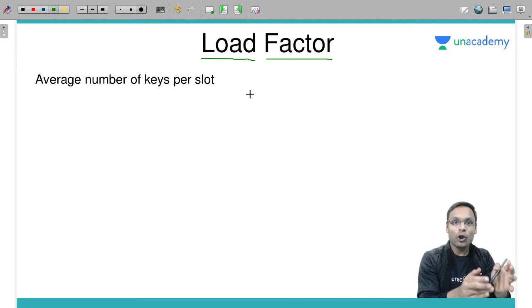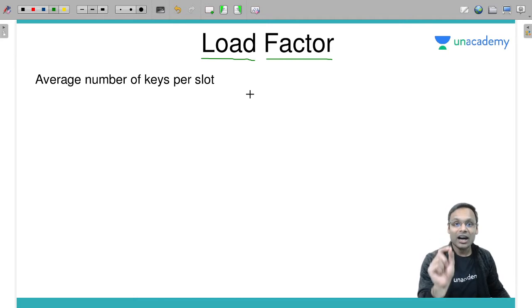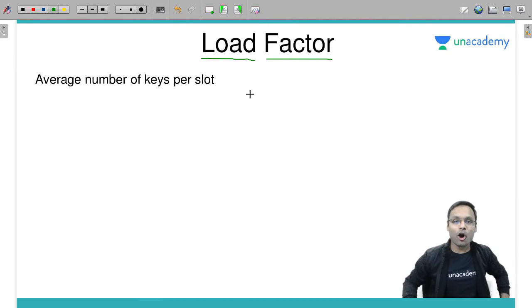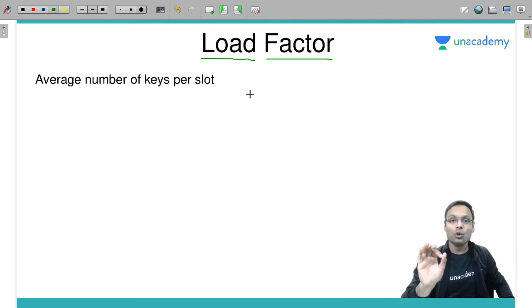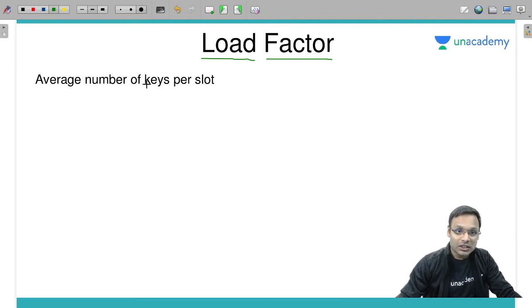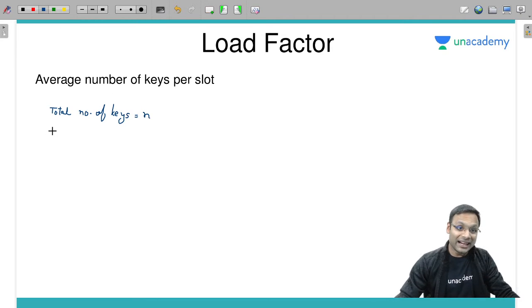किस पर्टिकुलर स्लॉट पे कितना लोड है, हर एक स्लॉट पे कितना लोड है, on each slot how much load is there, means average number of keys per slot is load factor. Very simple. Suppose I am having total number of keys equal to n in the hash table, and suppose total slots in the hash table are equal to s, can you tell me what is the load factor?